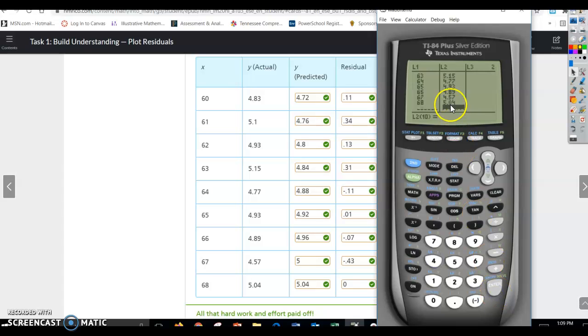All right, again, always check and make sure that you have entered these correctly. That way you get good information from your graph.